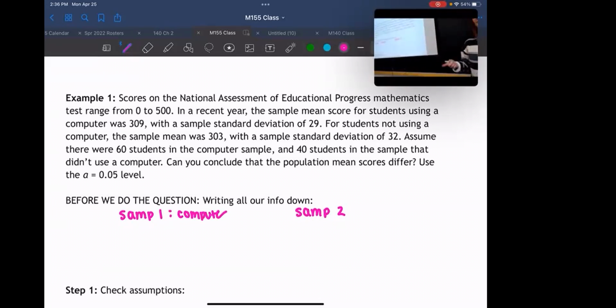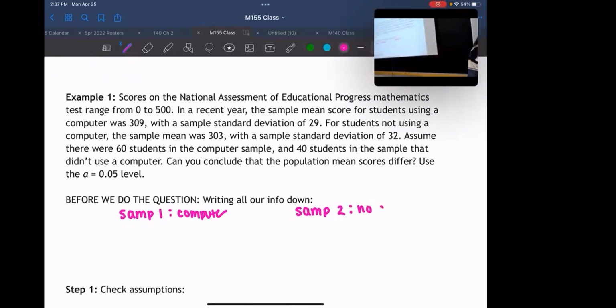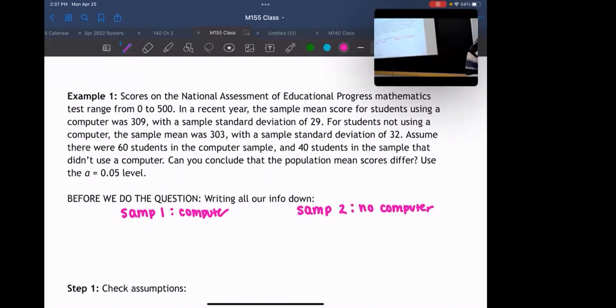Then we have not using a computer introduced later on in the paragraph, so let's do no computer for sample 2. We're given the sample size, sample mean, and sample standard deviation for each of these. So I'm going to write n1, x bar 1, and s1 here, and n2, x bar 2, and s2 here. All right, just quizzing you. What do you think n1 is going to be, our first sample size?